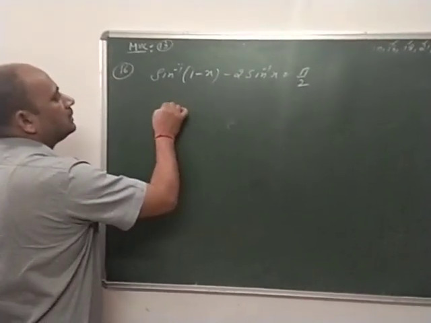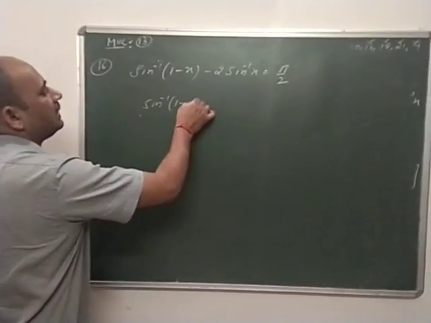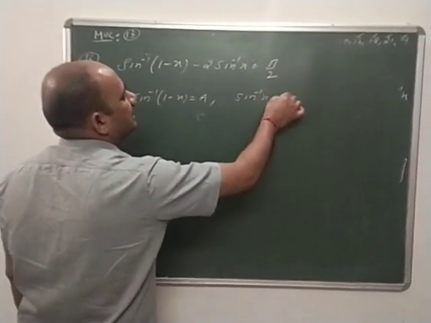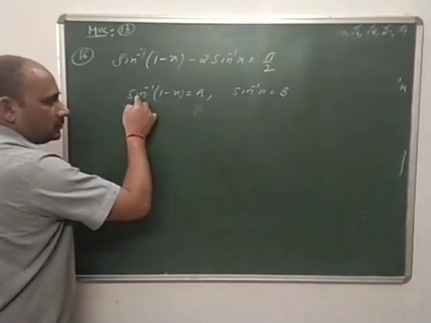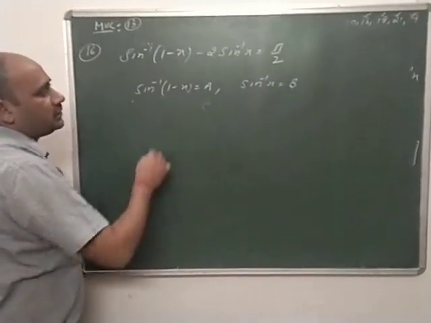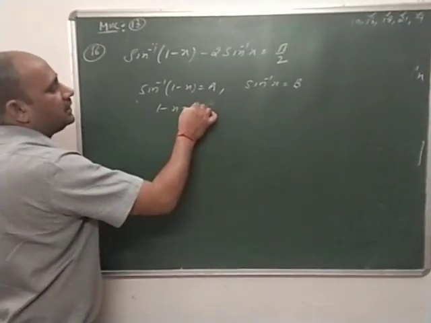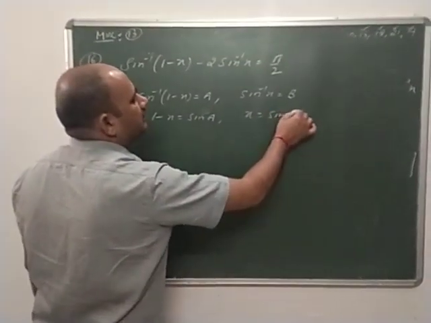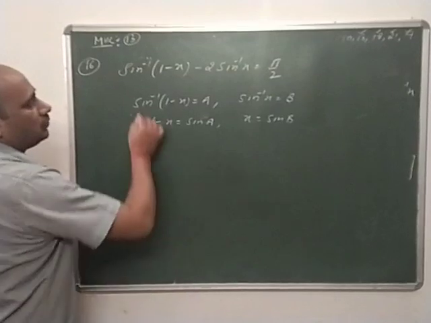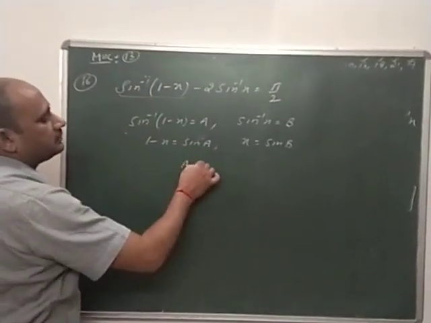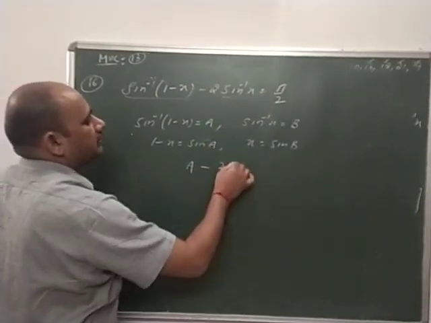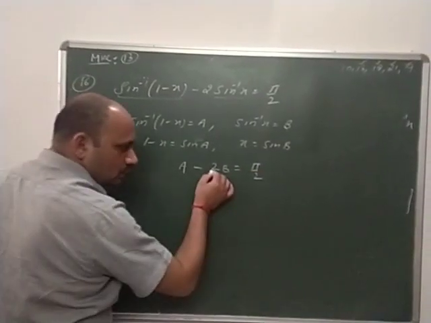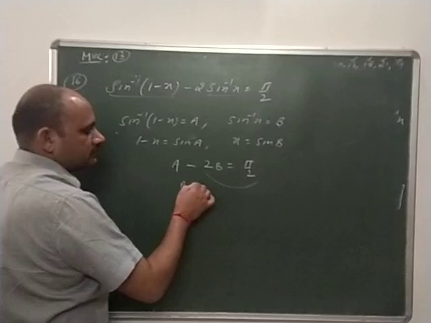I will put sin inverse (1 minus x) as A and sin inverse x as B. Transposing sin inverse to the right side, sin A is 1 minus x and sin B is x. So we write A minus 2B equal to pi by 2.